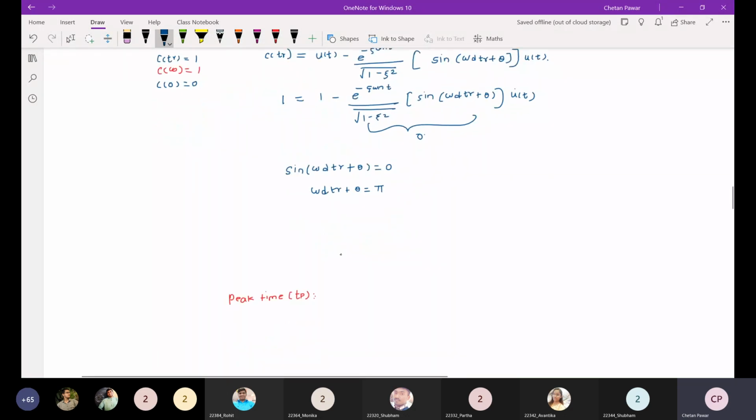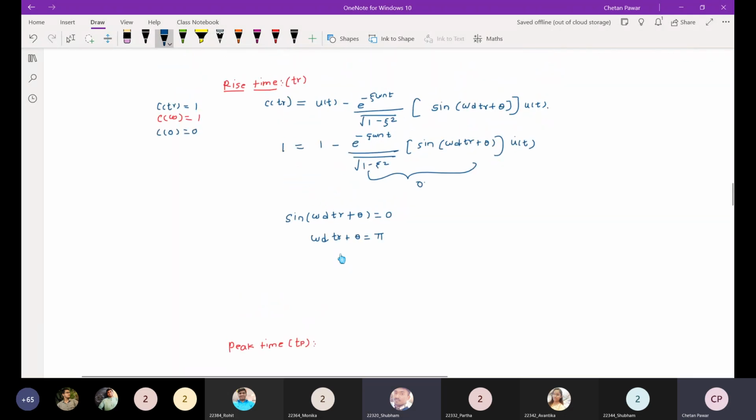pi, right? So rise time will be... Excuse me, sir, how did you write it as omega d TR? This is omega subscript d and then TR. Is that the damping frequency, sir?